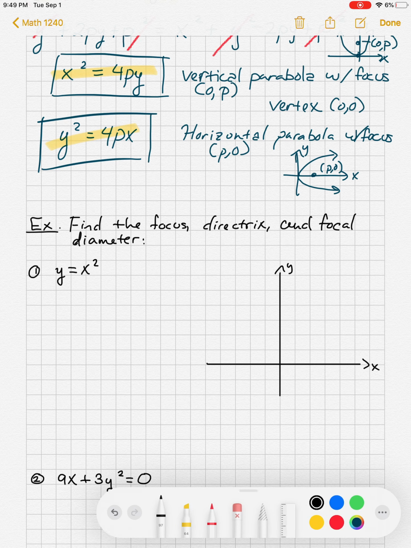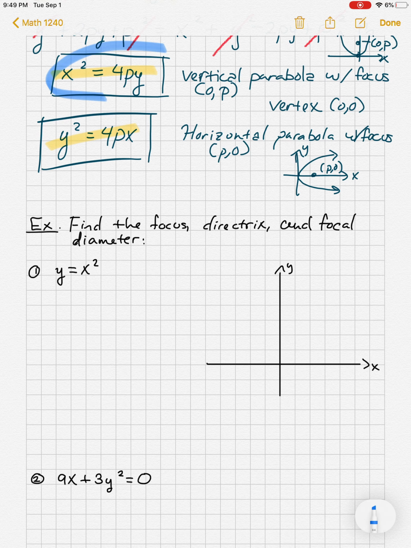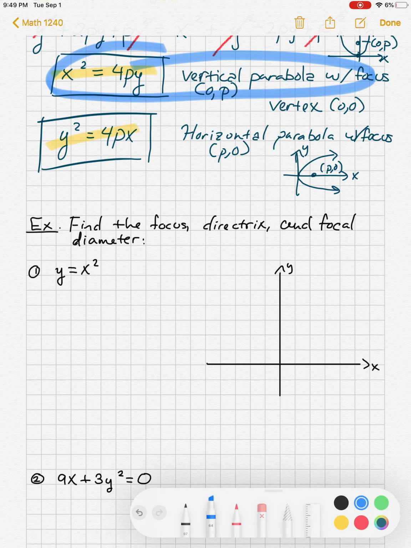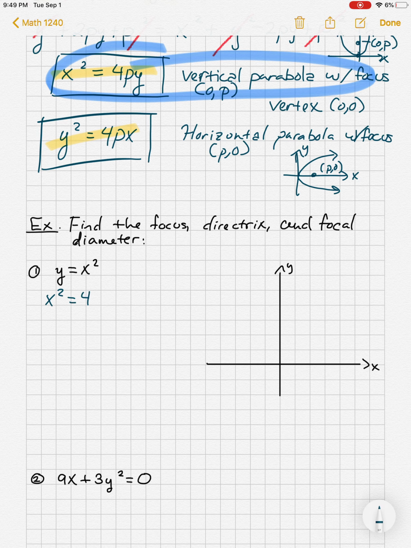Okay, so first of all, I know y equals x squared is a vertical parabola, yeah? So I know I'm dealing with this setup. So I know I'm comparing with x squared equals 4py. So my equation is just x squared equals y.